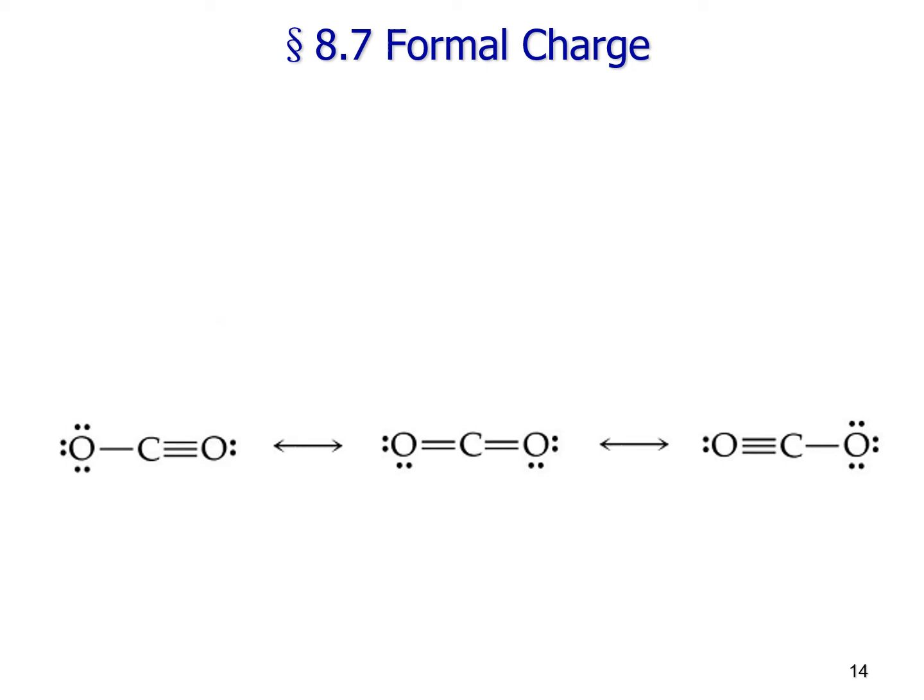All right. Which one of these three resonance structures for carbon dioxide should be picked as the most favored? That's just the most favored resonance form. Remember, we have this equation. And what we're going to do here is to calculate each atom using that formula.